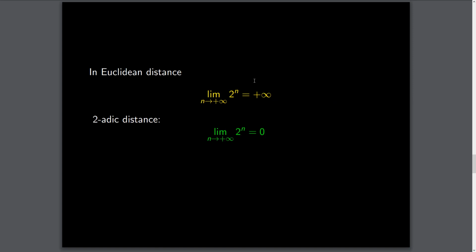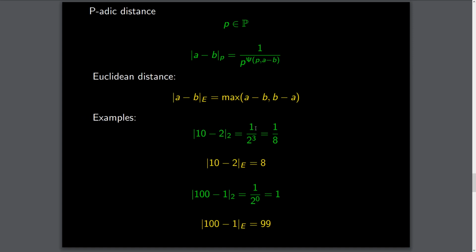For example, we can talk about Euclidean distance, and obviously in Euclidean distance, this sequence will tend to plus infinity. It's going to be a divergent sequence. But in P-adic distance, this sequence will converge to 0.